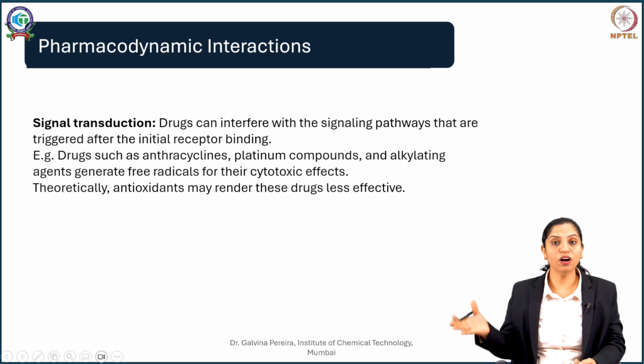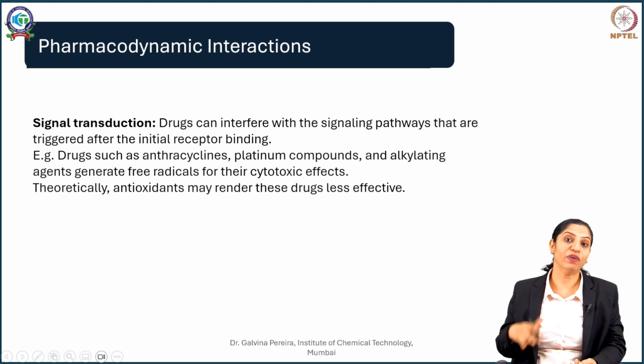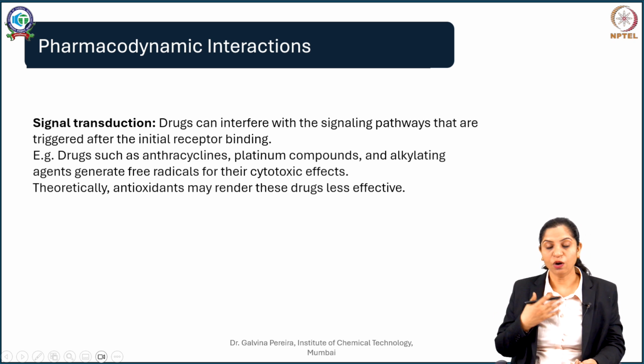So your herb-drug interactions can be pharmacokinetic type, or they can be pharmacodynamic type. You need to take all due precautions to see how your drug is getting absorbed, metabolized, distributed and excreted, and then beyond that, what is the mechanism of action.